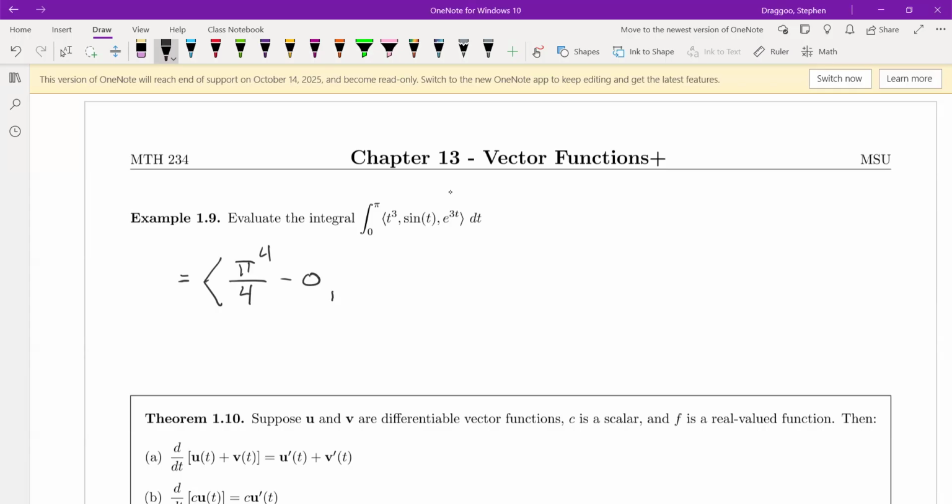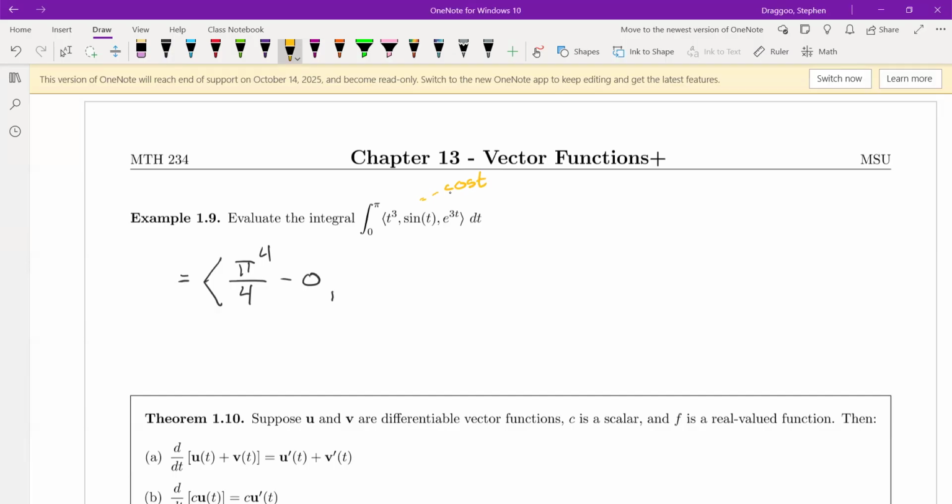Then the integral of sine is going to be negative cosine. Right? If I just do the integral of that, it'll go to negative cosine t. And then evaluate at pi and evaluate at 0. So what do we have there?